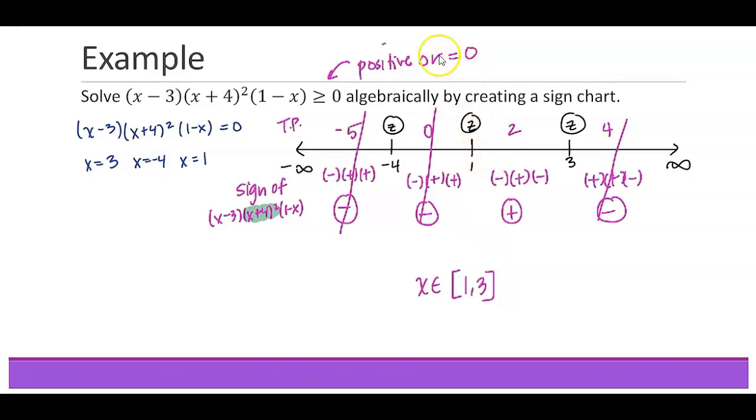We wanted to know, when was I both positive or equal to 0? So in this interval from 1 to 3, I captured my zeros of 1 and 3 with these brackets. But this negative 4 value, that's also a place where the function equals 0. So I have to include this one value, negative 4.